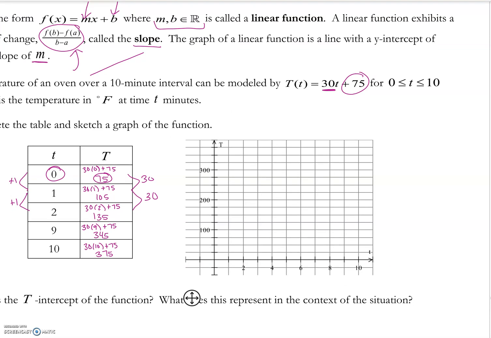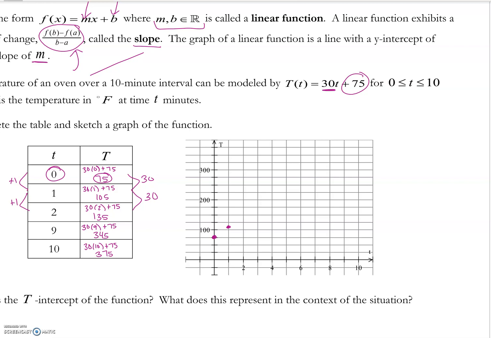So I can plot the point (0, 75). Again, I look on my graph and I see the small t is here, the big T is here. So the point (0, 75) would be on the y-axis at 75. I also have the point (1, 105). So I'm going to have to do some estimating here. (2, 135).